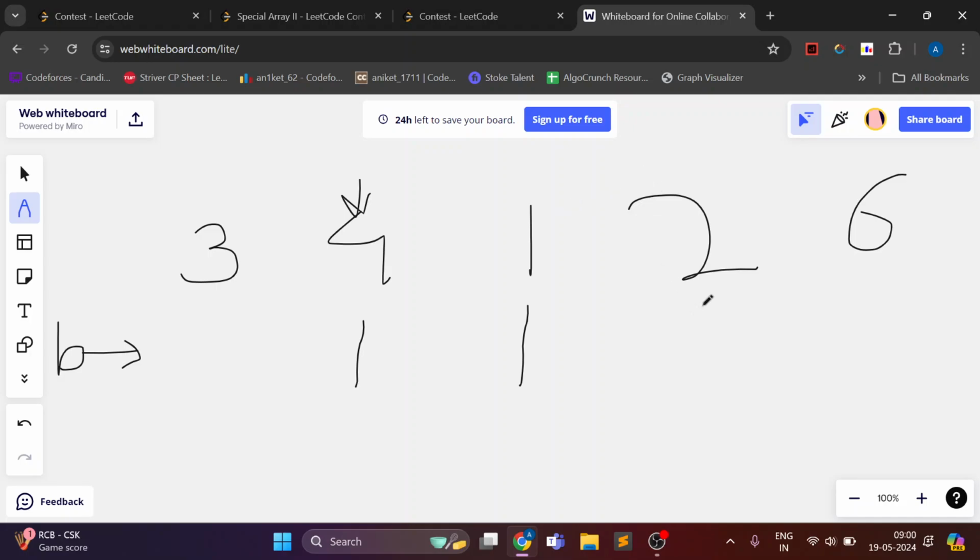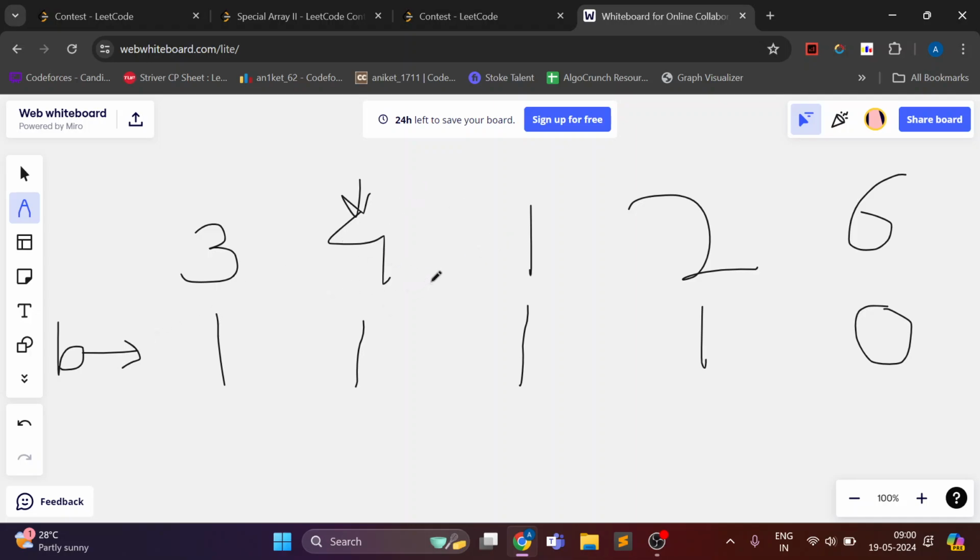For 2 and 1, again 1. For 2 and 6, the parity of both elements is the same, so I will fill 0. And for the first element I can fill anything, 0 or 1, because it doesn't have a previous element. In the prefix sum its contribution will be similar for all cases, and we will never access this first element in the prefix and B array.